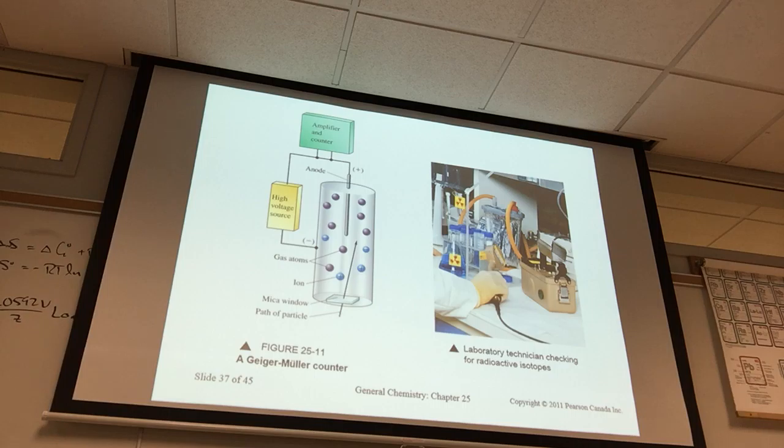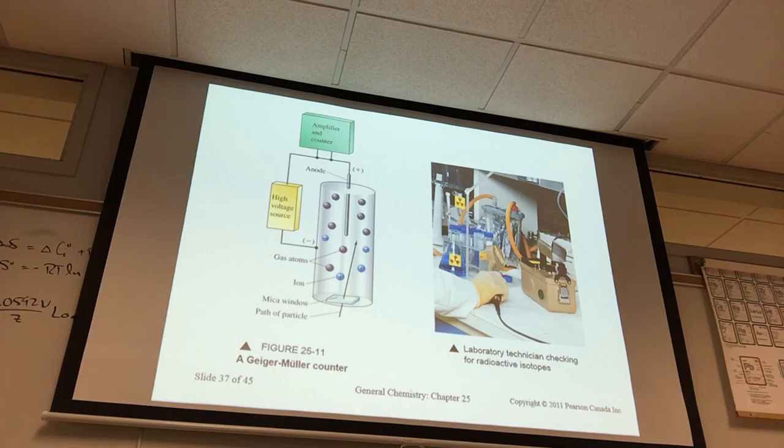Yes. And so what you have is gas in here. And the gas doesn't really conduct electricity unless it gets ionized. And so there's a little mica window in here which can allow radiation in: gamma radiation, X radiation, also beta particles. And so let's turn this on. So it'll sound off on all three particles?